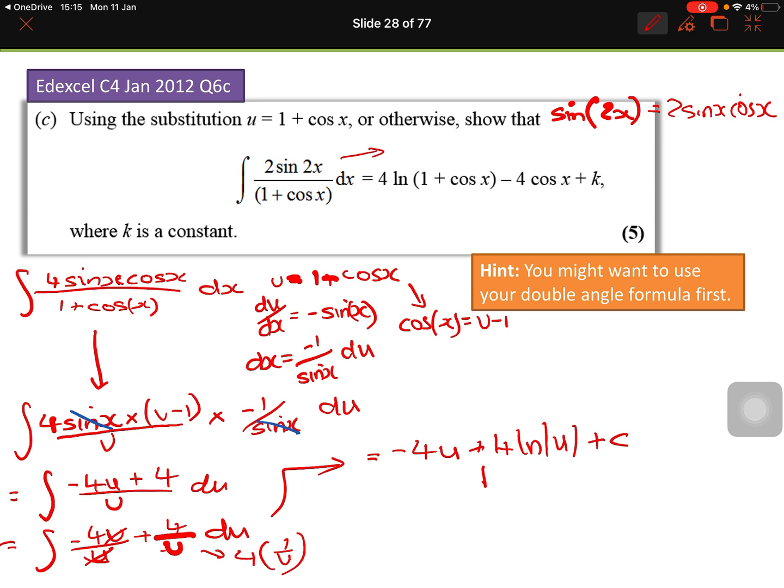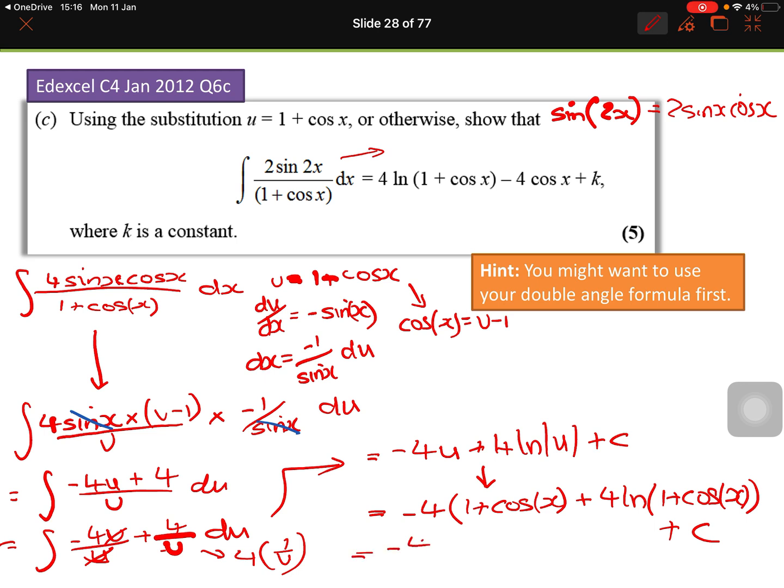Last step, sub it back in for our x's. So we end up with minus 4 lots of 1 plus cos x plus 4 log natural 1 plus cos x plus our c. When we compare that back to the top, I've got to multiply my brackets out quickly.